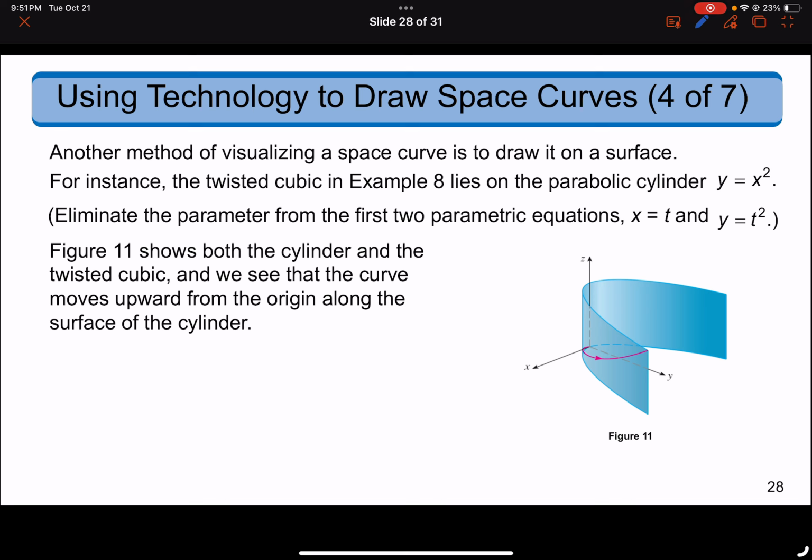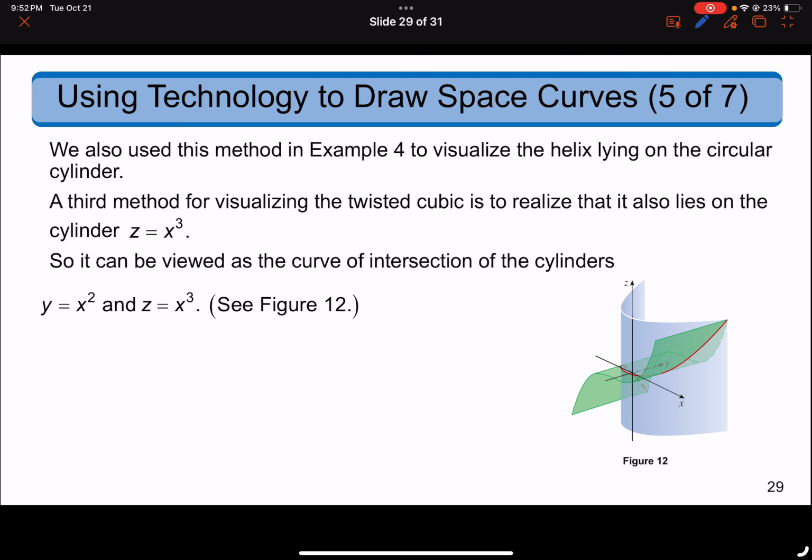The figure shows both the cylinder and the twisted cubic, and we see that the curve moves upward from the origin along the surface of the cylinder. So it is a path traced along the surface of the cylinder. We also used this method in Example 4 to visualize the helix lying on the circular cylinder.